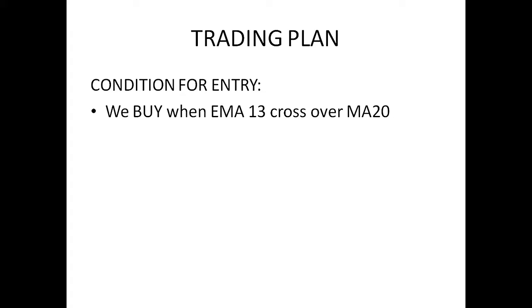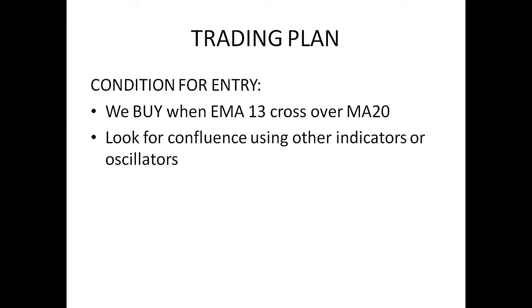So first, condition for entry. What is our condition to enter a certain stock? One of our conditions is we buy when EMA 13 crosses over moving average 20. That's exponential moving average 13 crossing over moving average 20. That's one of our conditions.